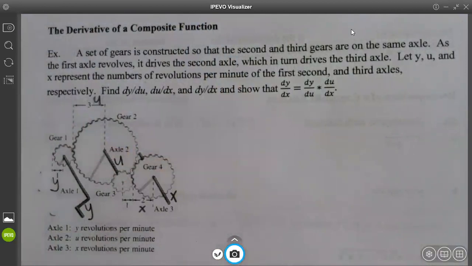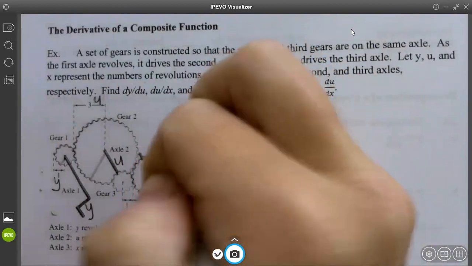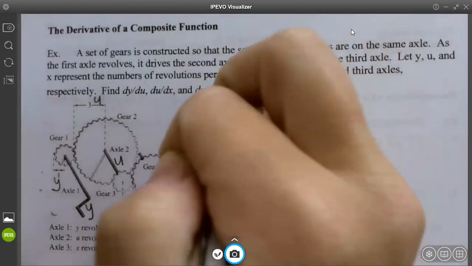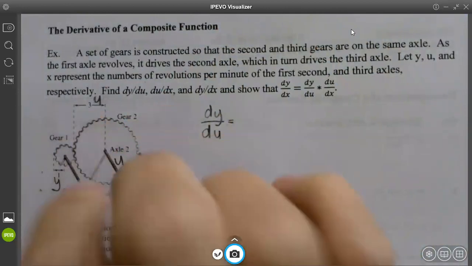Find dy over du, du over dx, and dy over dx, and show that dy over dx equals dy over du times du over dx. Sounds crazy, but it's not, okay? So we're going to start with dy over du. Dy over du is how fast it turns based on the other one.